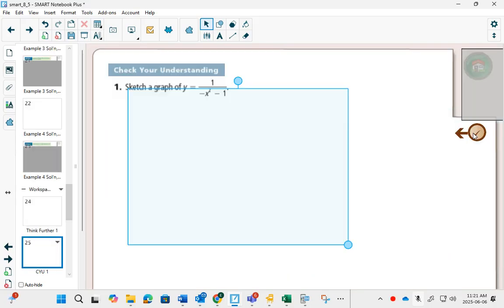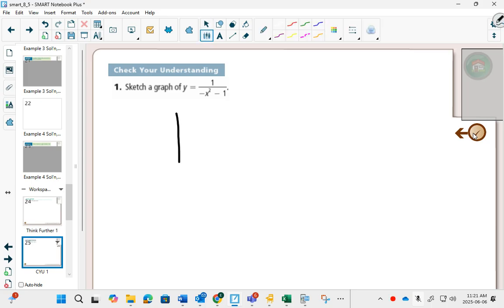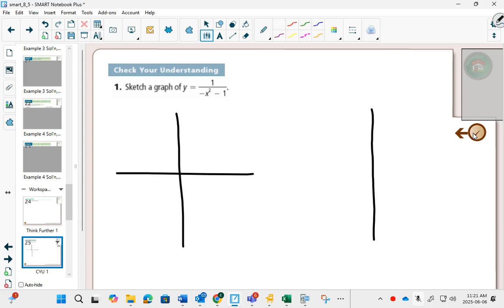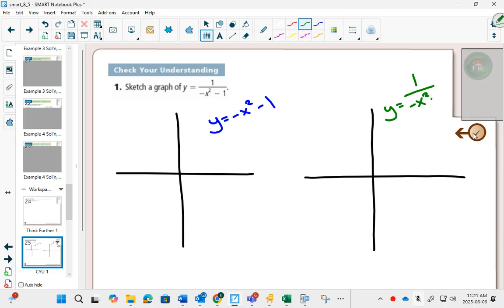And just like the other day, we're going to draw 2 graphs. First, in one color, we're going to graph the bottom, the negative x squared minus 1, and label a bunch of points. And then in green, we're going to graph the reciprocal of it. Is the blue graph in vertex form? Remember vertex form?